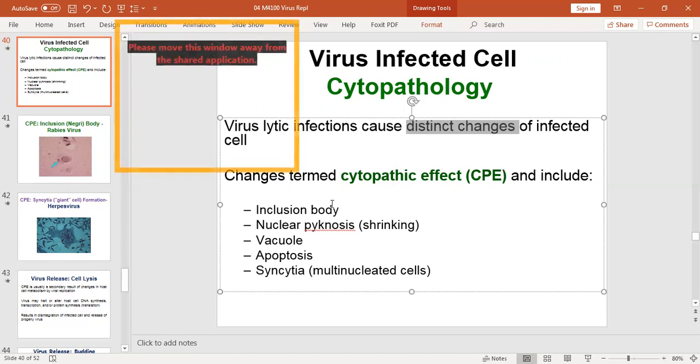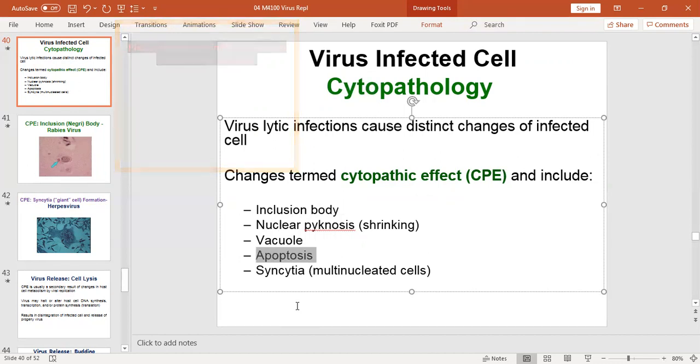And these changes include inclusion body, nuclear pycnosis or shrinking of the nucleus, formation of vacuoles, apoptosis or programmed cell death, and syncytia or the formation of multinucleated cells.